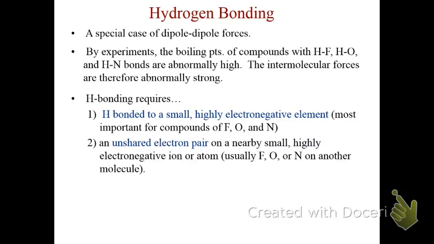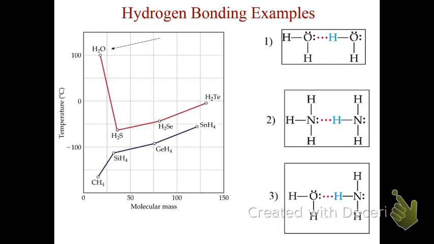Now, it also needs an unshared electron pair from a nearby small, highly electronegative atom. Again, usually fluorine, oxygen, or nitrogen on another molecule. This is going to allow it to have a definite attraction between these two. As we continue to look at these examples, we notice that between our water molecules, we'll end up with a stronger bond here, or here, and here.